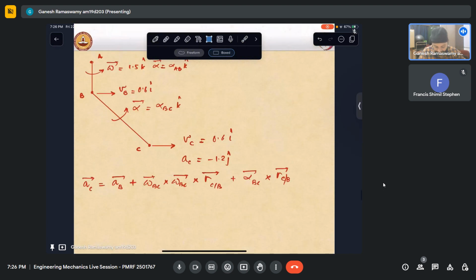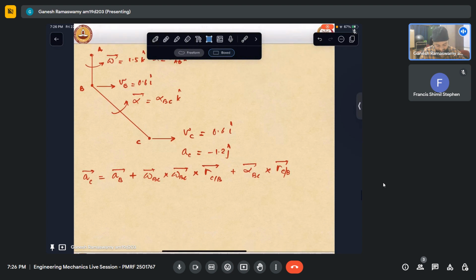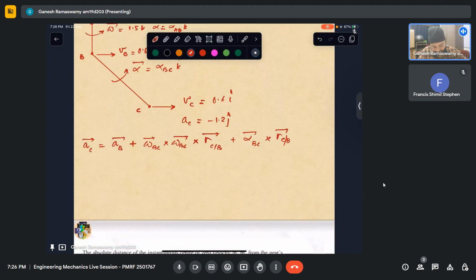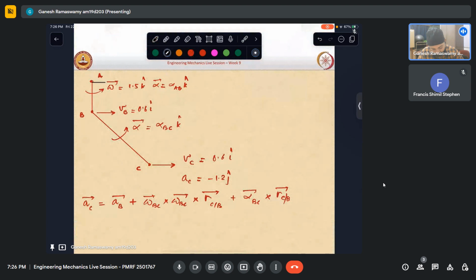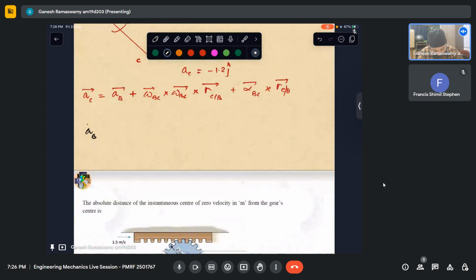Anyway, before I omit, let us say that acceleration of B I analyze now by attaching a non-rotating translating axis at A. So acceleration of B, I know it as acceleration of A plus omega AB cross r of B with respect to A plus alpha AB.